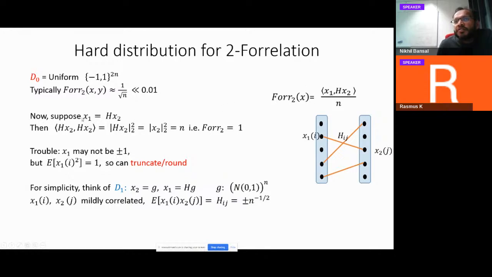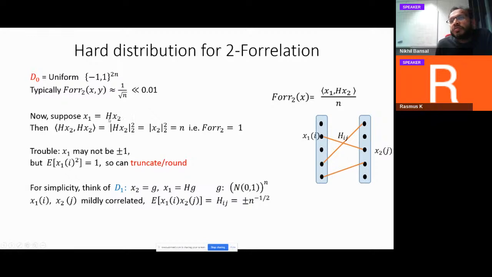In particular, if x1 was h times x2, this correlation value will be very large as opposed to what it was here. Now, one slight trouble is that x1may not be a +1 minus 1 vector. It's not a Boolean vector anymore if we take h times x2.